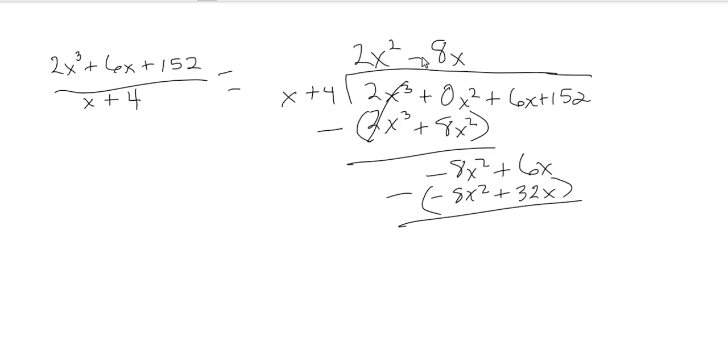Subtract these. We got 0 right here. Negative 8x squared minus negative 8x squared is going to give me 0. But this 6x and negative 32x is going to give me a positive 38x. Pay attention to those negatives. Let's go ahead and bring down our plus 152.